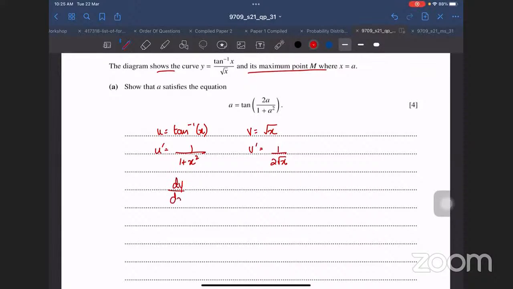So dy by dx is u dash v minus v dash u over v squared.